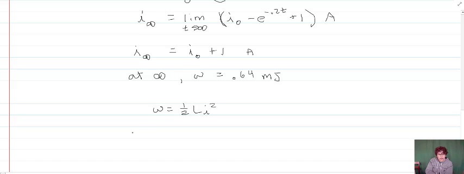And so the energy at infinity, which is 0.64 millijoules, is going to be 1/2 L i at infinity squared.